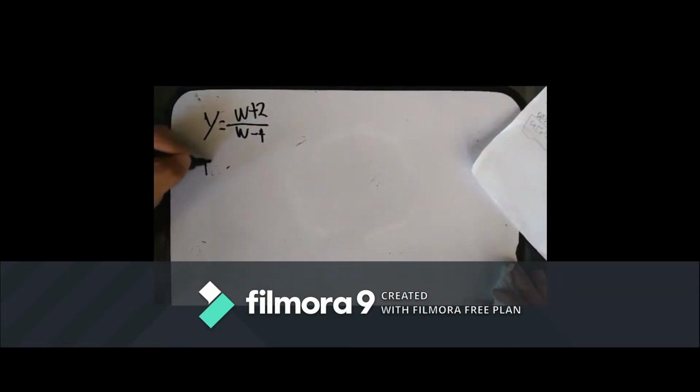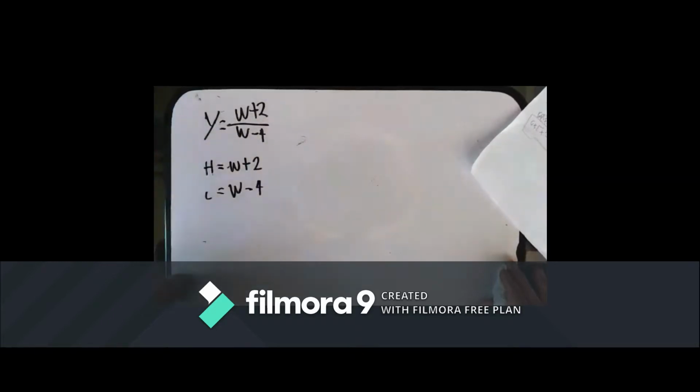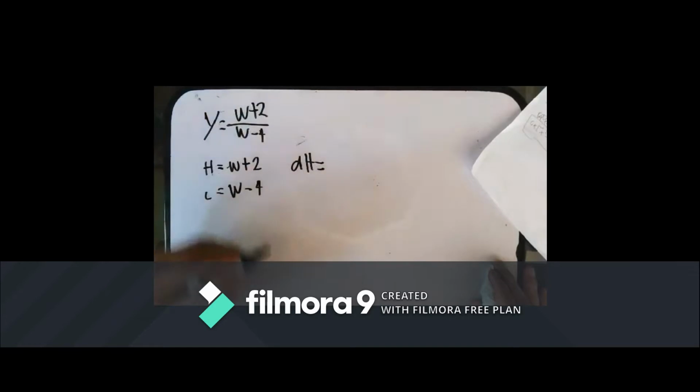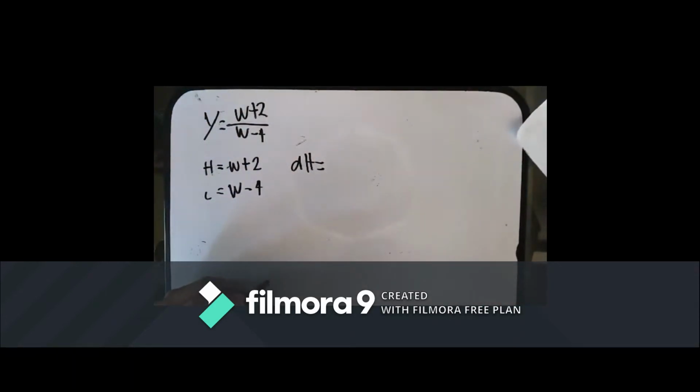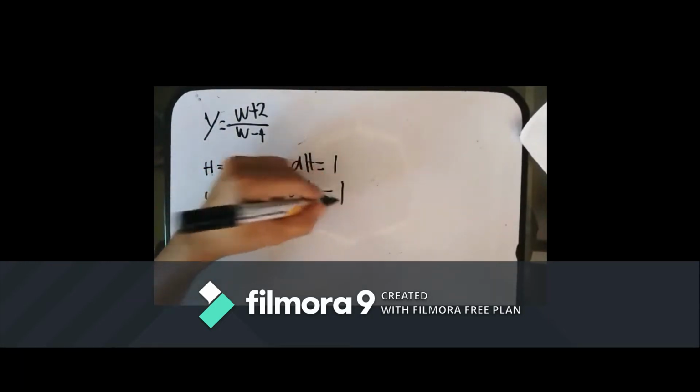Now, I will use the low d high minus high d low. High is w plus 2, and low is w minus 4. The derivative of high is 1, and the derivative of low is also 1.